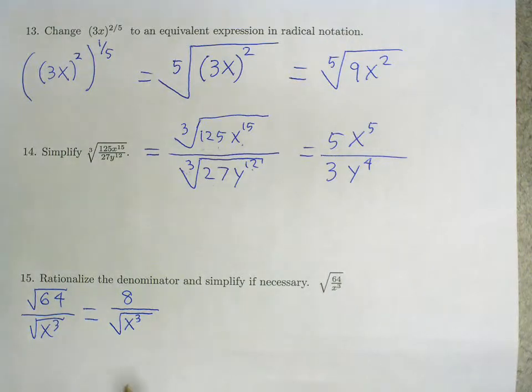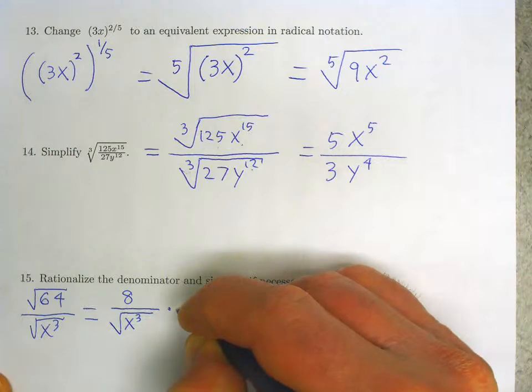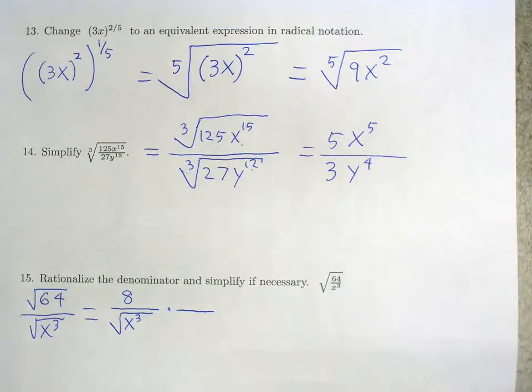Now, there's more than one way to go about doing this, but what I suggest is, since the denominator is the square root of x to the third, identify the least or the minimal thing that you would have to multiply by x to the third to get a perfect square. Remember, the process involves multiplying by 1 in a special form.